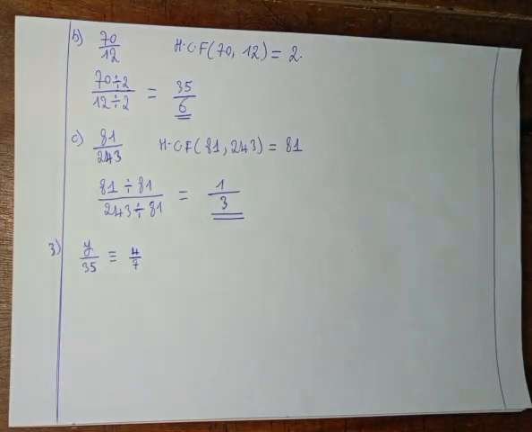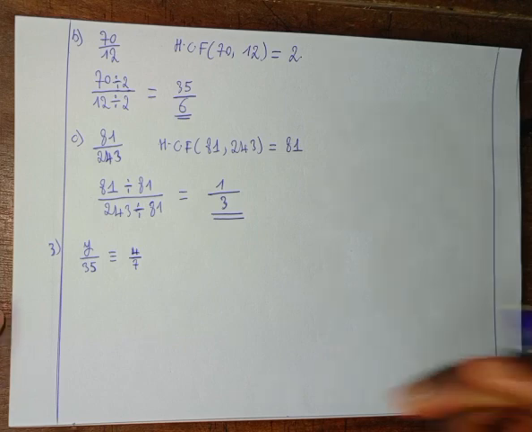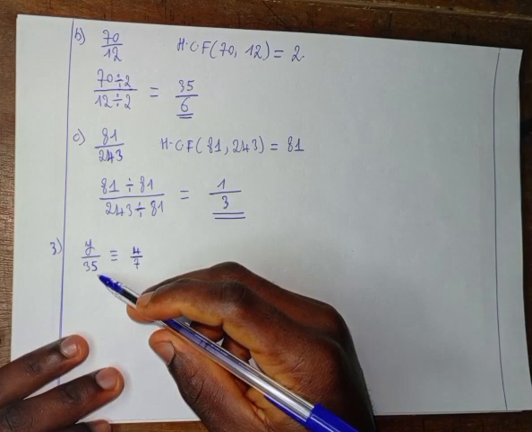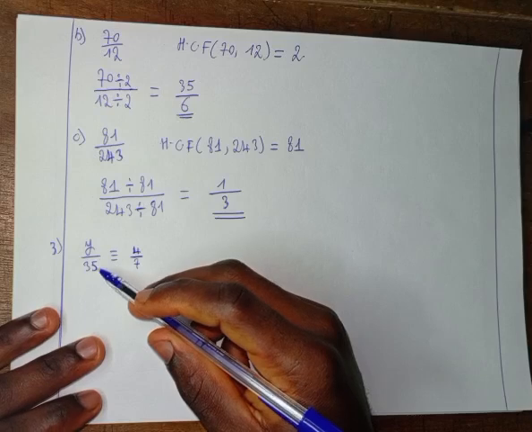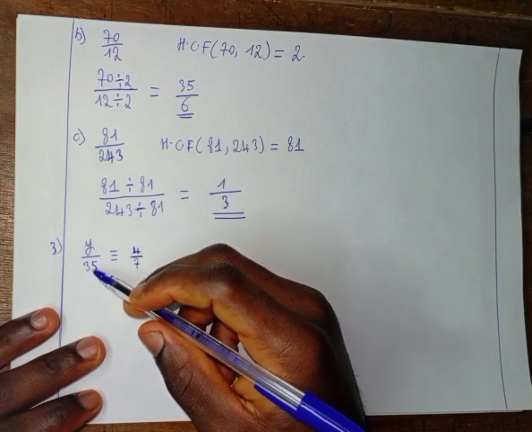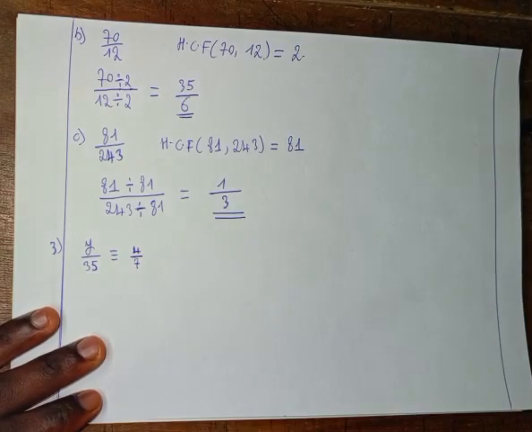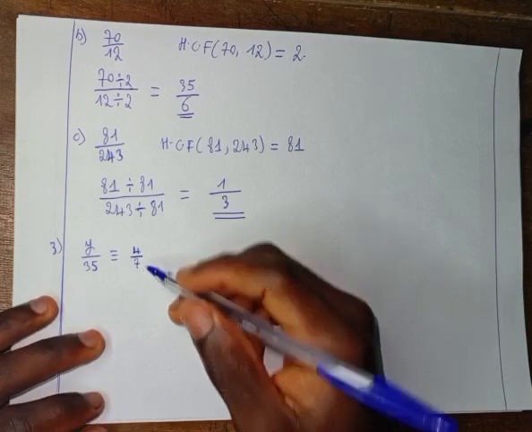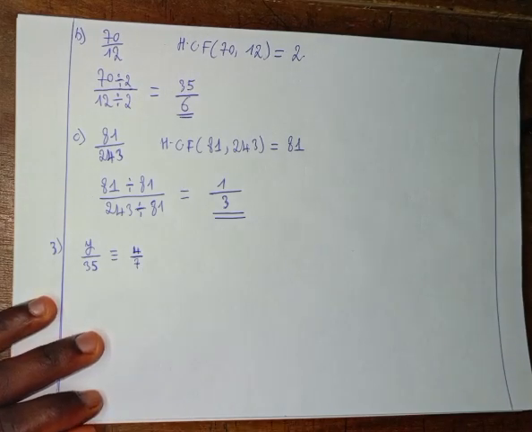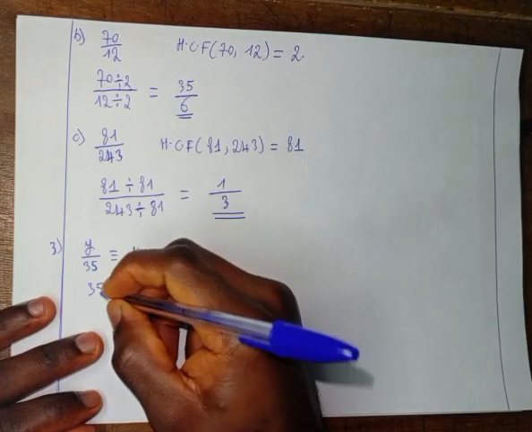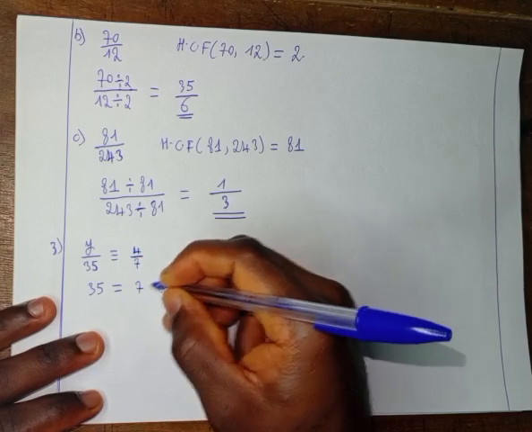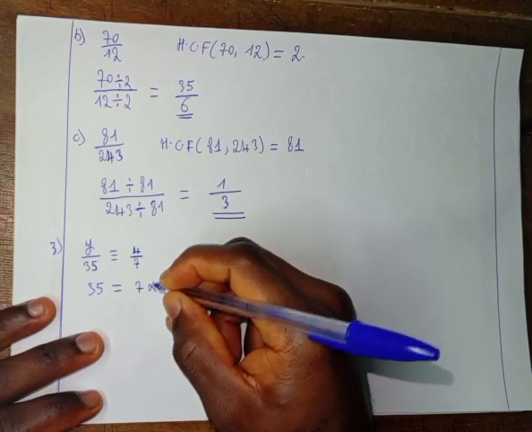First thing, for us to find the value of y, we need to express this denominator of the fraction y over 35, which is 35, as a product of 7 and a positive whole number. We know 35 can be written as 7 times 5.